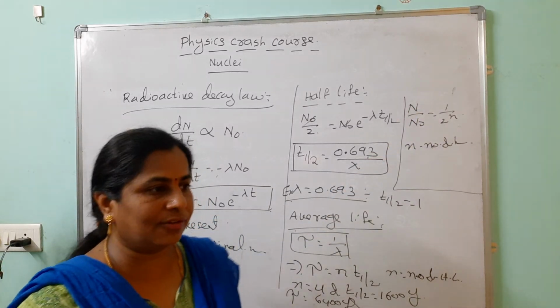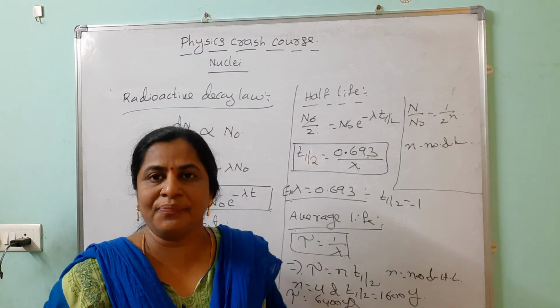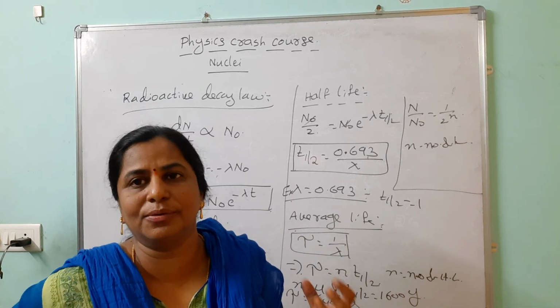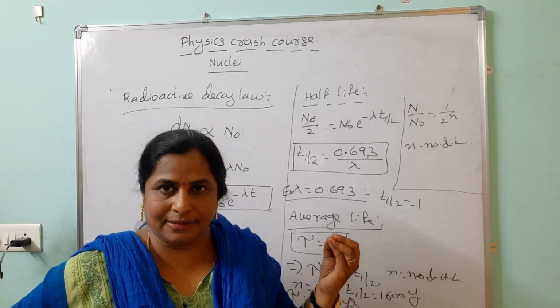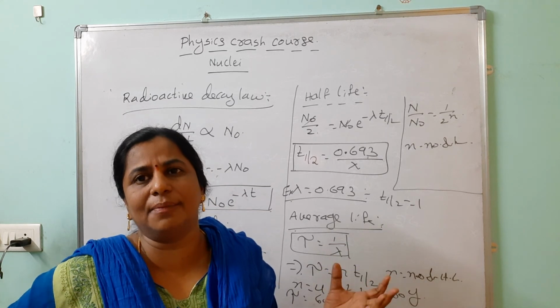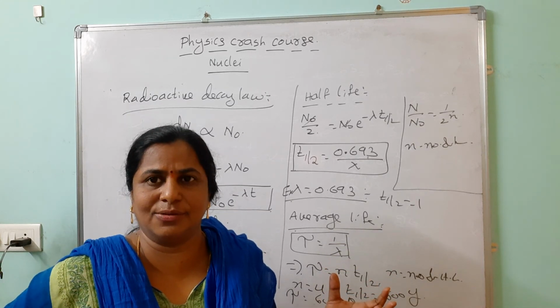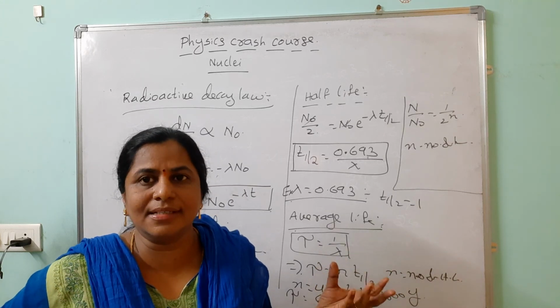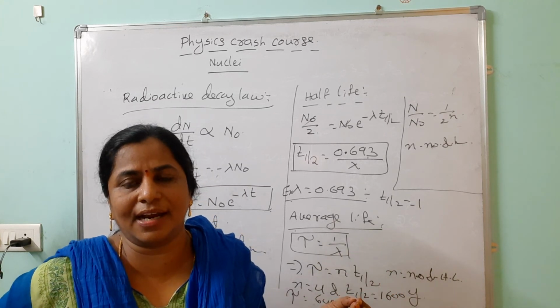Then the next concept is nuclear fission. Already I said it splits into two stable nuclei, giving 200 million electron volts of energy. That is called nuclear fission. But here, what is a chain reaction? It is a natural reaction.